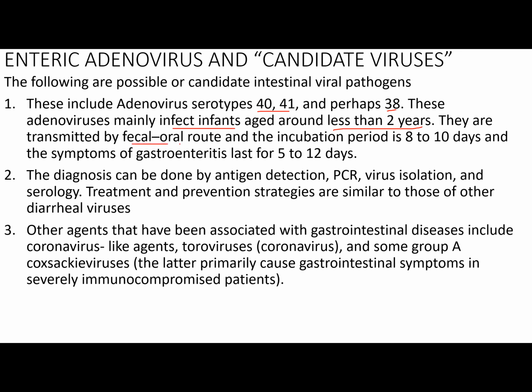They are transmitted by the fecal-oral route, and the incubation period is 8 to 10 days. The symptoms of gastroenteritis last for 5 to 12 days. The diagnosis can be done by antigen detection, PCR, virus isolation, and serology. Treatment and prevention strategies are similar to those of other diarrheal viruses. Other agents that have been associated would include coronavirus-like agents, toroviruses, and some group A Coxsackie viruses.